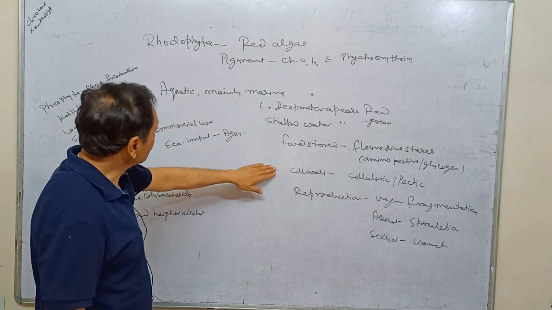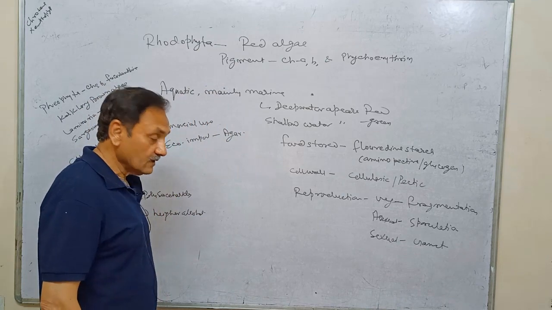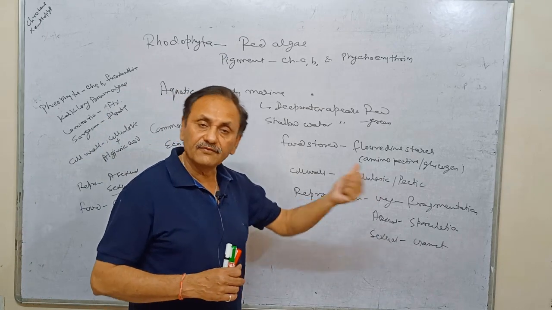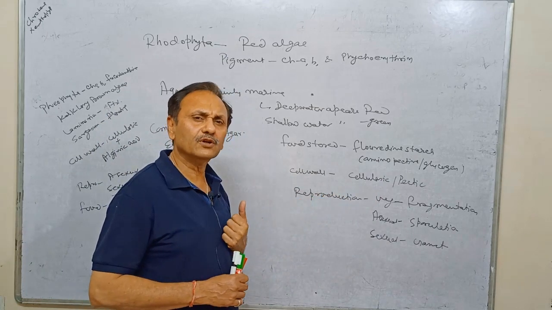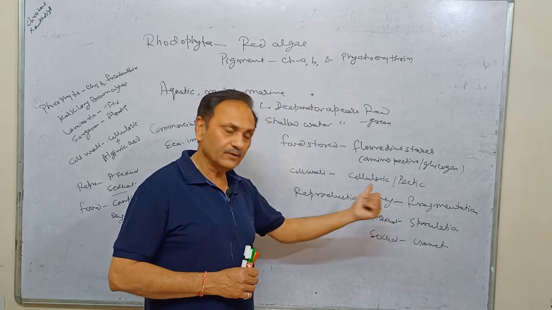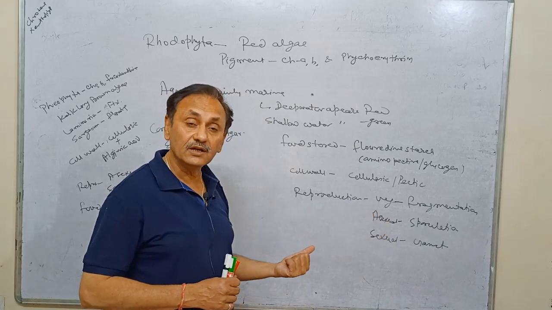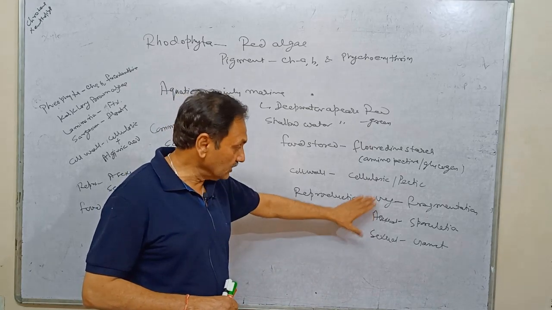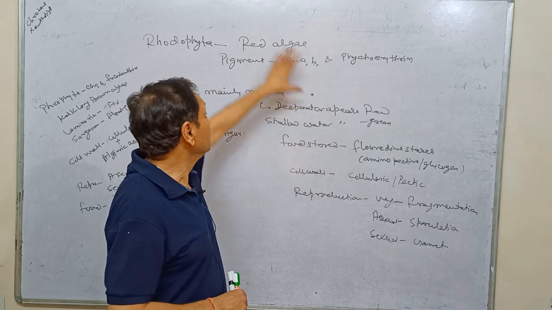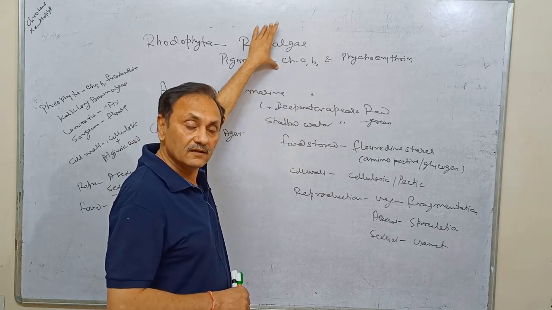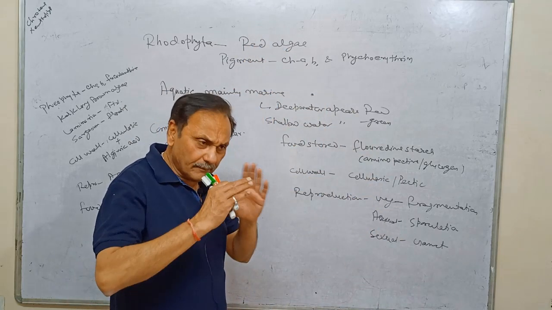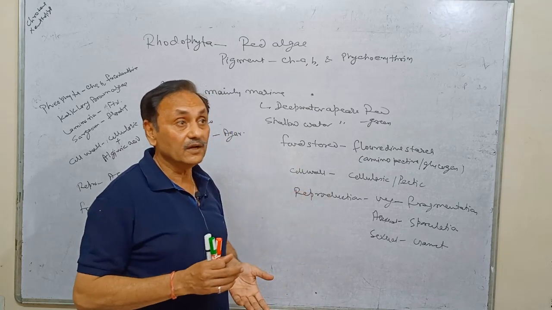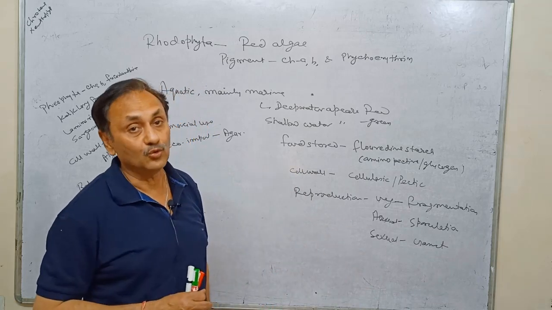The cell wall is also cellulosic and pectic, and they reproduce by fragmentation, that is the vegetative mode of reproduction, by asexual reproduction, that is sporulation, and by gamete formation they also reproduce sexually. It means all three types of reproduction are observed in the red algae. They are present in abundance, so the oceanic region looks red, and they are also called the red tide.